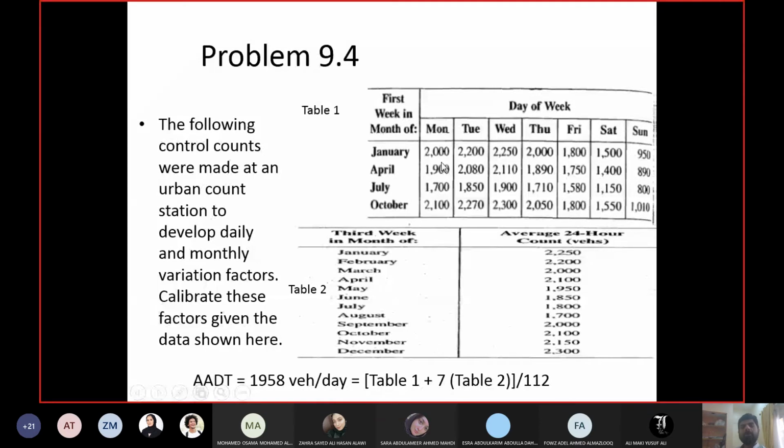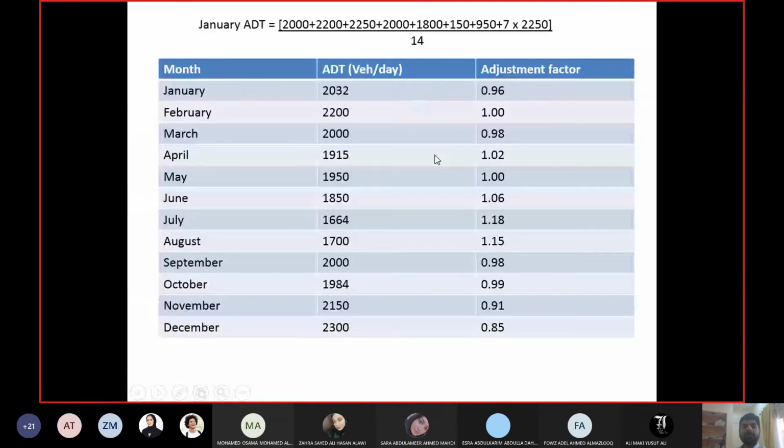Now 7 plus 7 makes it 14. So for January ADT will be this whole thing upon 14, which will be 2032 vehicles per day. So the adjustment factor for January will be 1958, which is the AADT, upon ADT of January, which is 2032.